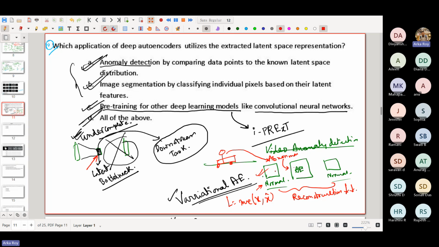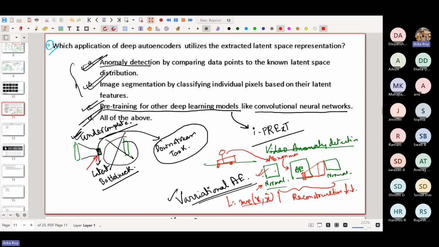When you feed abnormal data to your autoencoder, at the latent space it will not be able to extract good features. It will try to use whatever features it extracts from the abnormal data, which are not good, and it will try to reconstruct it back at the decoder side. And as your representations or hidden features are not good enough, you will not get a good reconstruction.